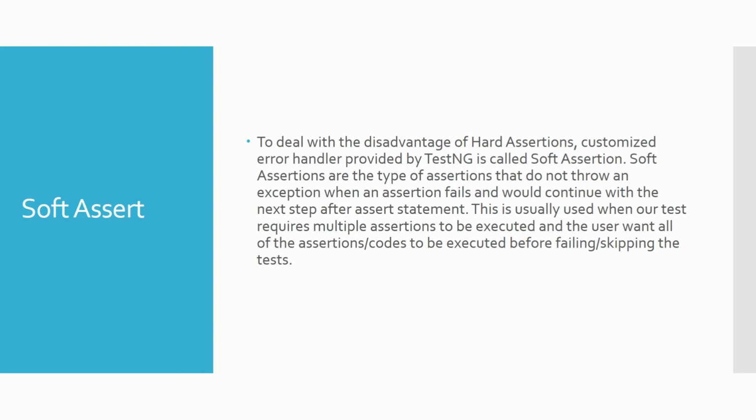Soft assert is usually used when our tests require multiple assertions. In this case, it records the assertion results, but all the results are calculated at the end. We will see examples of both hard assert and soft assert.